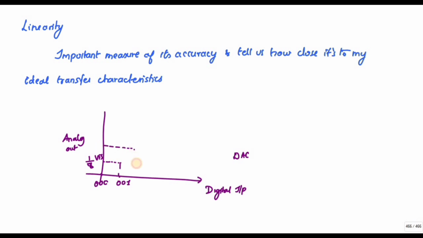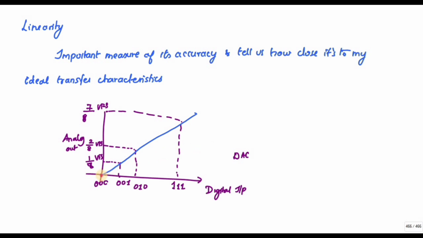Likewise, for 0 1 0, it has to produce 2 divided by 8 of VFS, and for 1 1 1, it has to produce 7 divided by 8 of VFS, right? So this is my ideal curve.